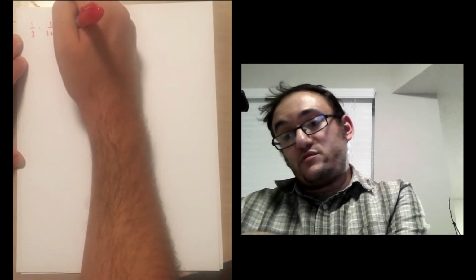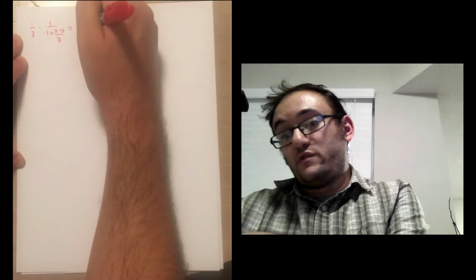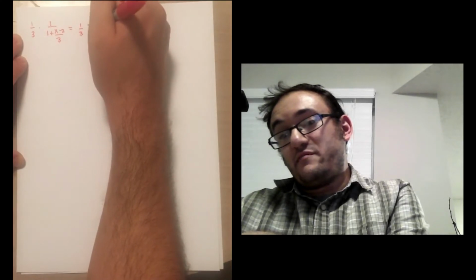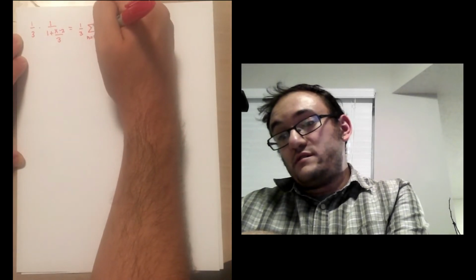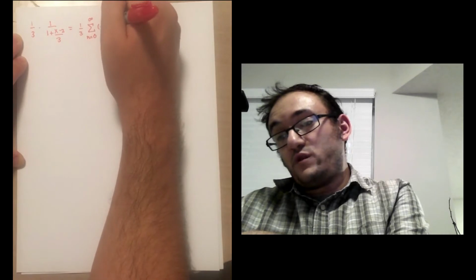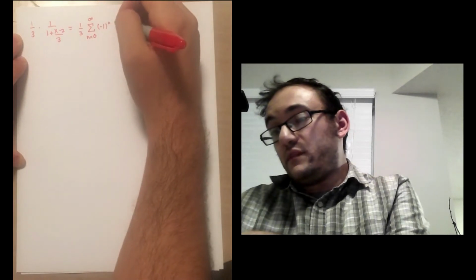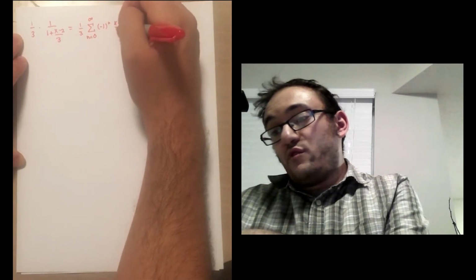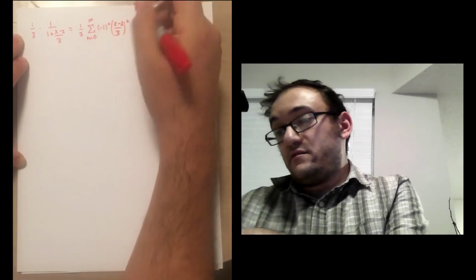So 1/3 times 1 over 1 plus x minus 2 over 3 equals 1/3 times the sum from n equals 0 to infinity of minus 1 to the n, x minus 2 over 3 to the n.